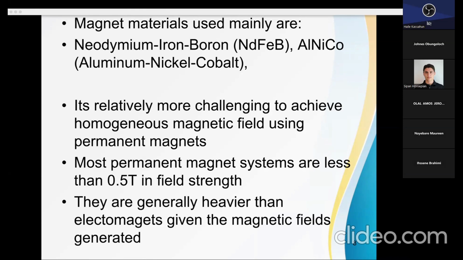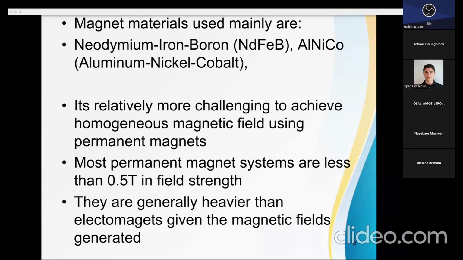A number of them are 0.35 or 0.2 Tesla magnetic fields, because if you are to generate higher magnetic fields, given a certain volume, then your weight grows exponentially and it becomes difficult to achieve those high magnetic fields. They are generally heavier than electromagnets, given the magnetic field that you want to generate.